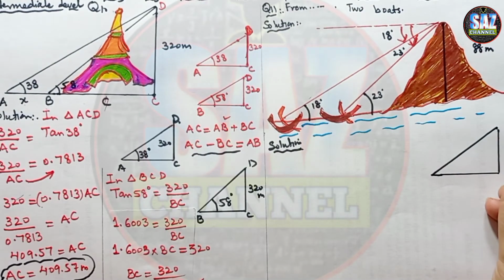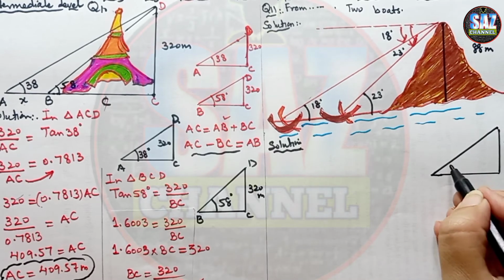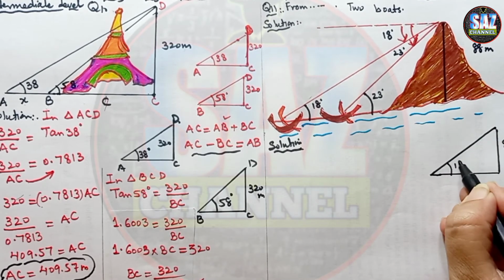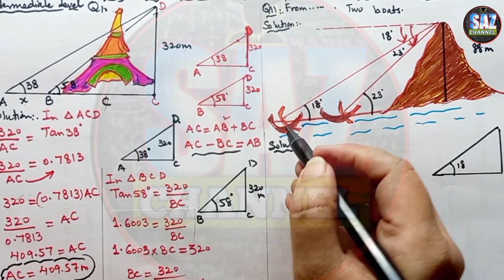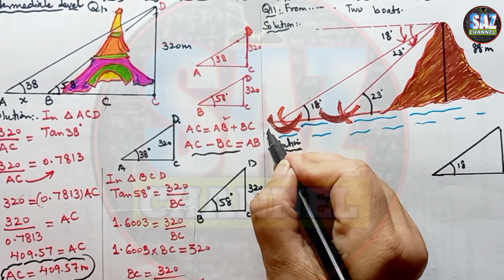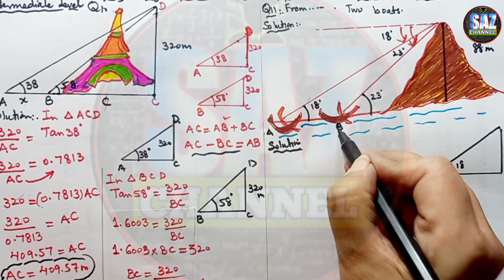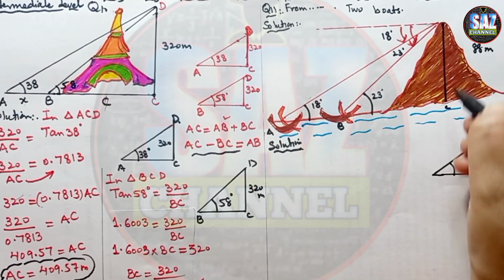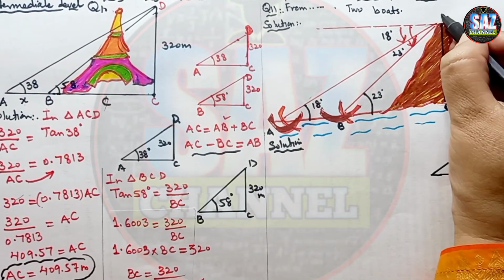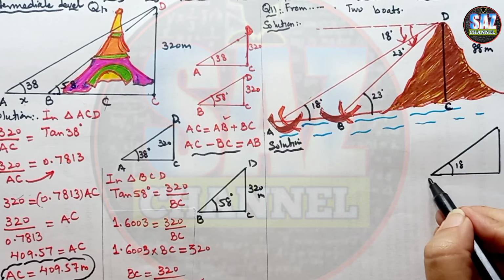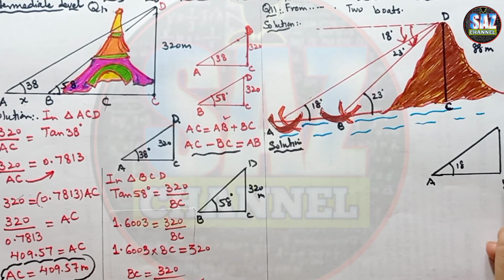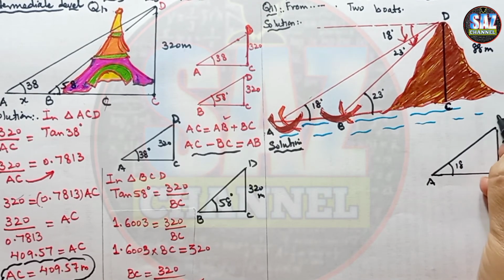This is 88 and this is 18 degrees. Let me mark some letters here. Let this be A, this is B, this is C, and this is D.